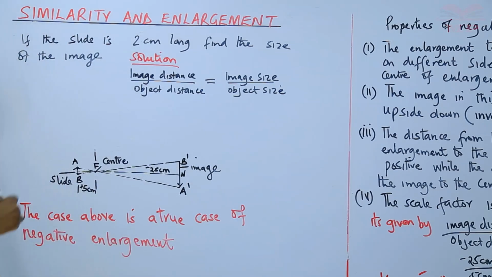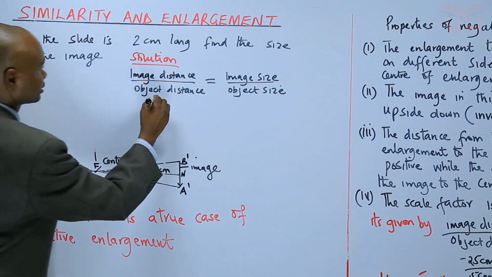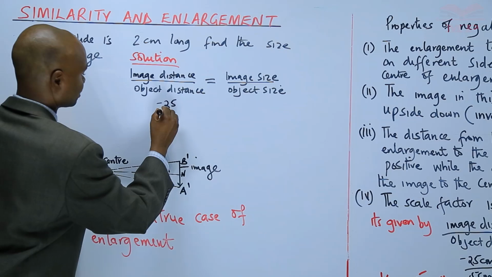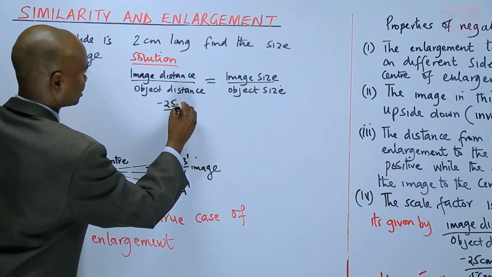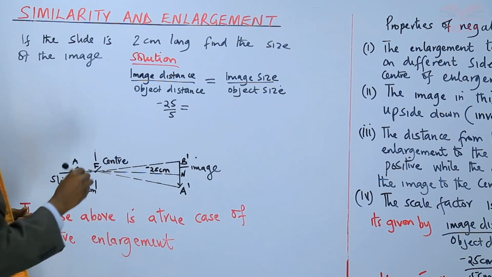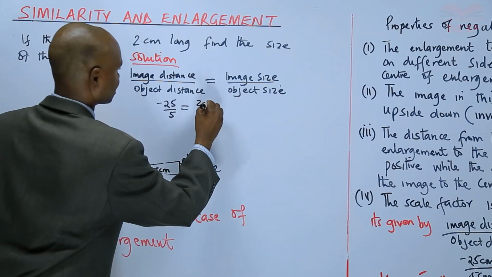So the image distance, which was given as negative 25 over 5, should give you image size over 2 centimeters.